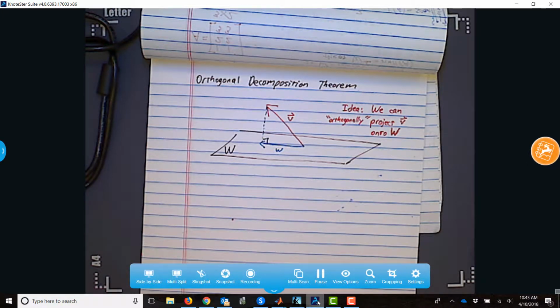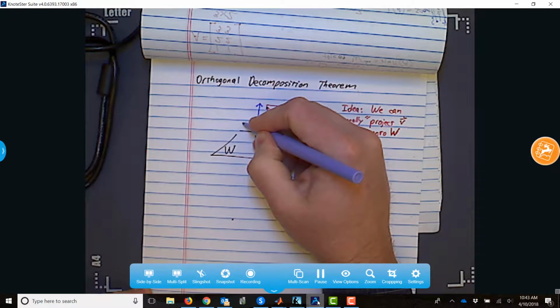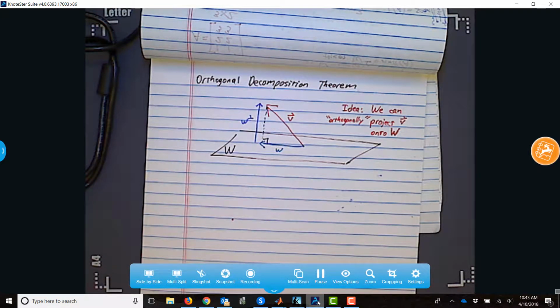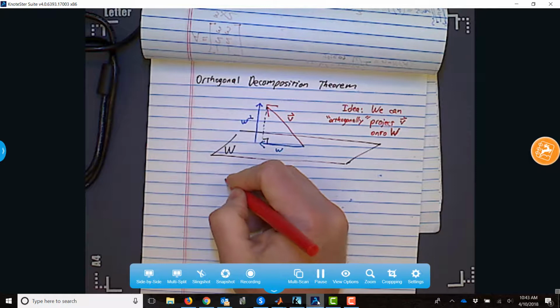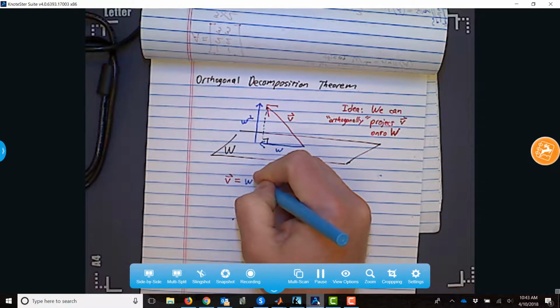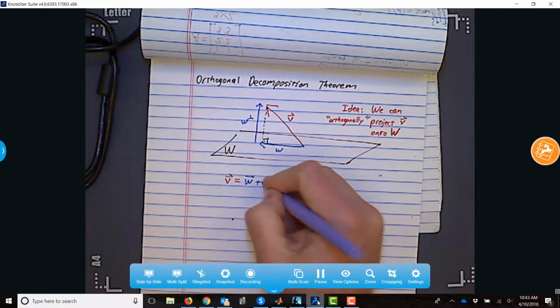And then the book will call this vector little w perp. And you'll notice that we have V equals little w plus little w perp.